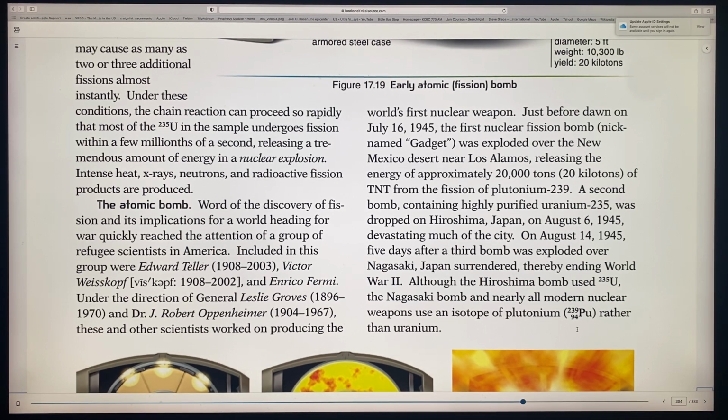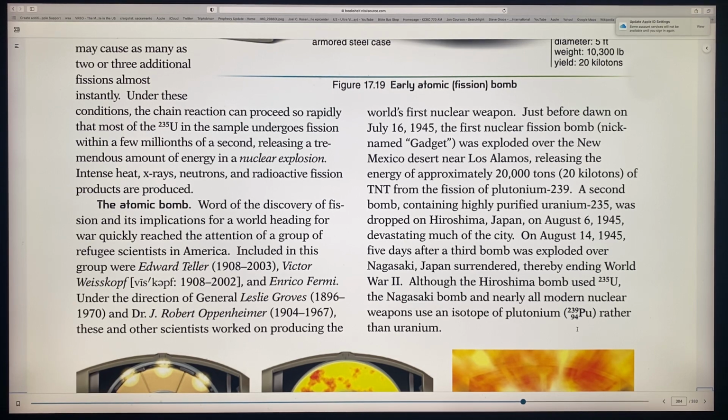So a second bomb containing highly purified uranium-235 was then dropped on Hiroshima, Japan on August 6, 1945. And this devastated almost all of the city, you can imagine. There was so much energy in this bomb. And then on August 14th, 1945, a third bomb was exploded over Nagasaki, Japan.